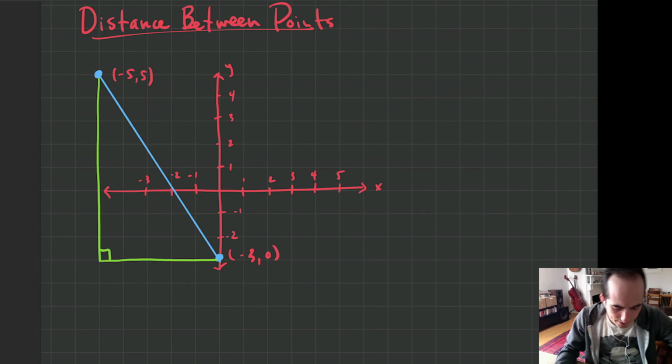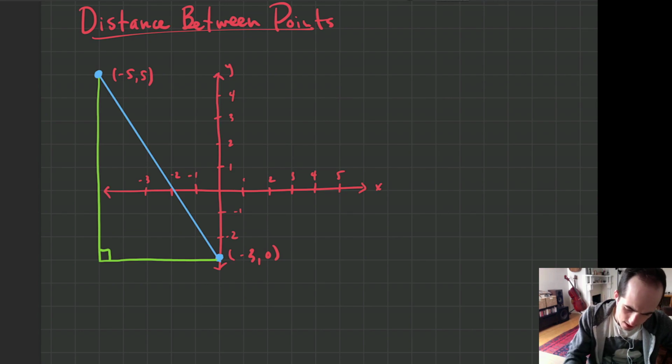And let's start to calculate the lengths of the legs of this triangle. So we could count it if we wanted to. Let's start by doing that. So we got 1, 2, 3, 4, 5, 6, 7, 8. So this side is 8. The other side, we've got 1, 2, 3, 4, 5.